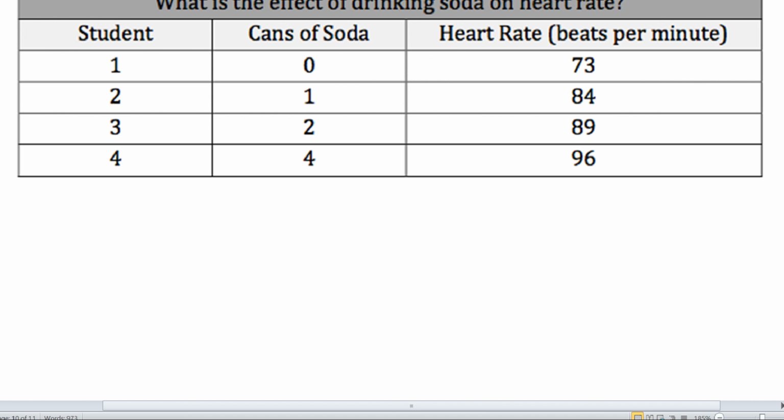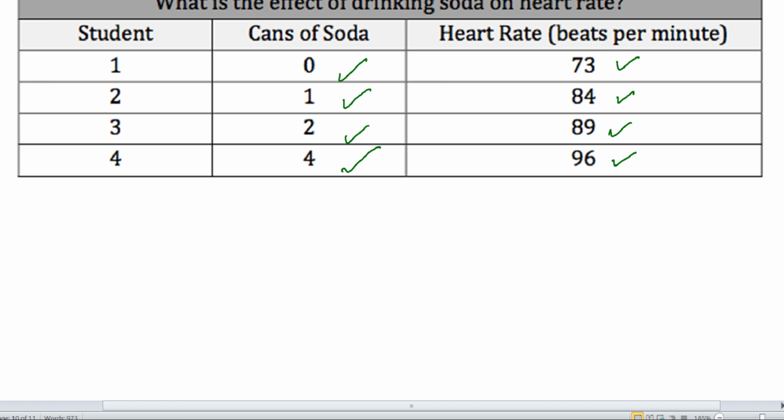Let's answer this question. What is the effect of drinking soda on the heart rate? Here are the number of cans of soda drank per day, 0, 1, 2, 4, and here are the changes that are happening to the heart rate. It's very clear that as the number of cans of soda increases per day, the heart rate also increases.